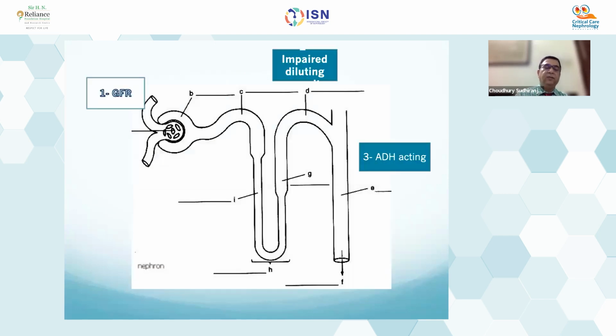The first one is the glomerular filtration rate. If it is impaired, as in chronic kidney disease, obviously the water excretion will be less and the solute excretion will also be less. So the GFR is the first one. The second one is the diluting segment. As you know, the diluting segment starts from the thick ascending limb of the loop of Henle, which is impermeable to water.